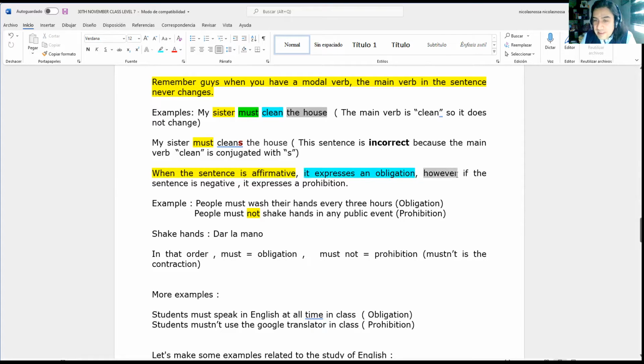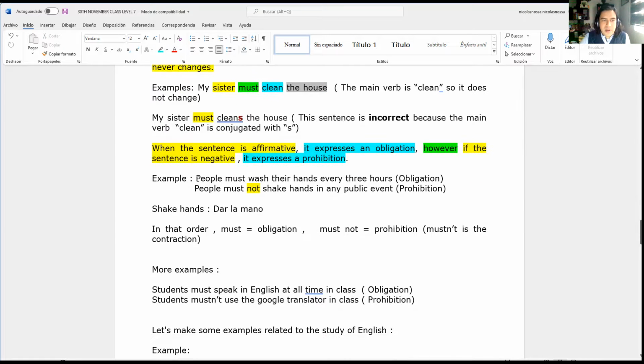However, sin embargo, un conector muy útil, if the sentence is negative, si la oración es negativa, it express a prohibition, expresa una prohibición, que esa es la regla. Es decir, ejemplo, oración afirmativa con must, ¿no? People must wash their hands every 3 hours. La gente debe lavarse, el verbo, sus manos cada 3 horas.